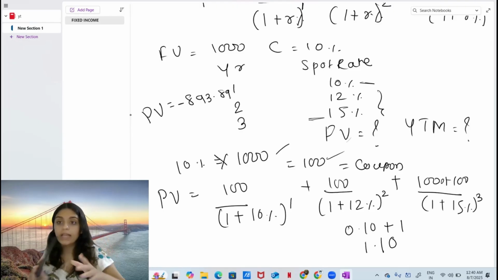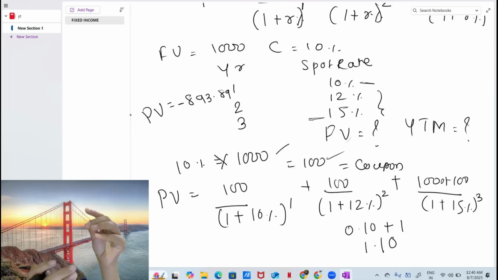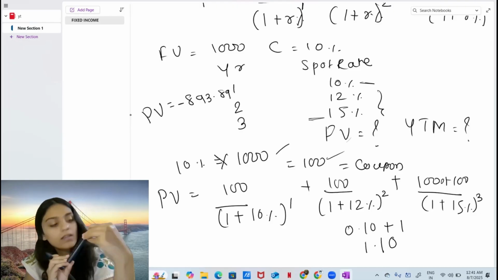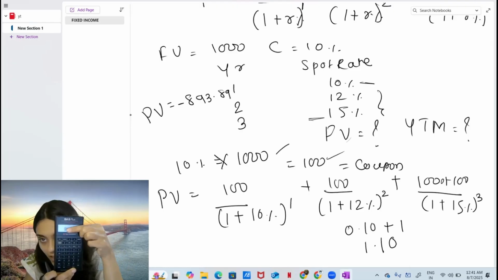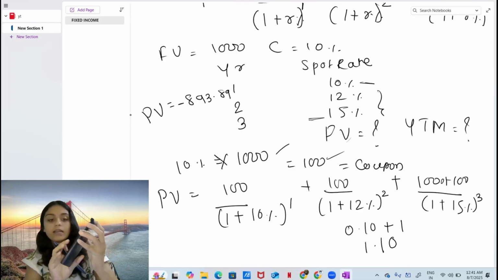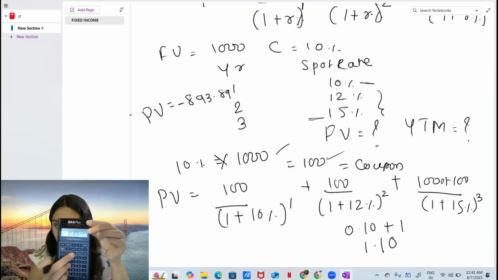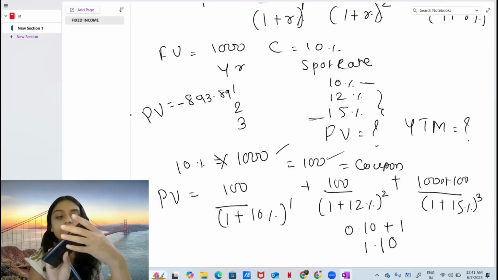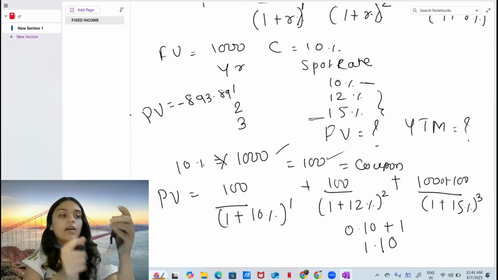So now how to calculate YTM? First, this is your answer, correct? So change the sign of this answer by the plus minus button. See, you got a minus sign here, and then there is a button PV, hit that button, PV.